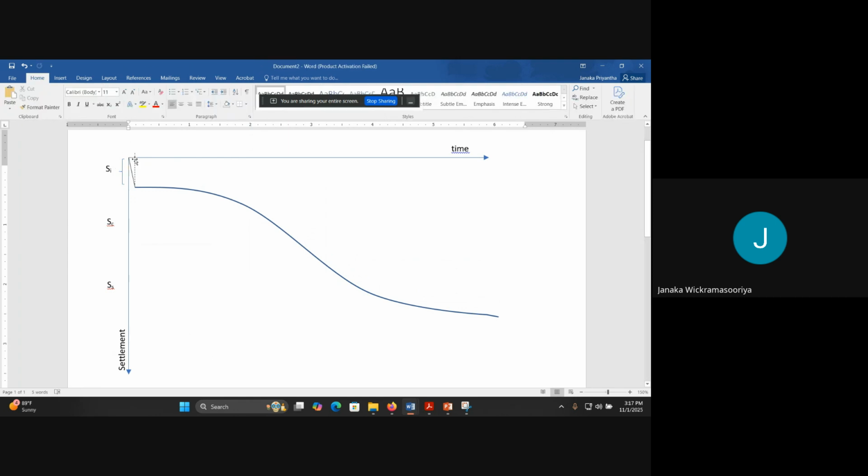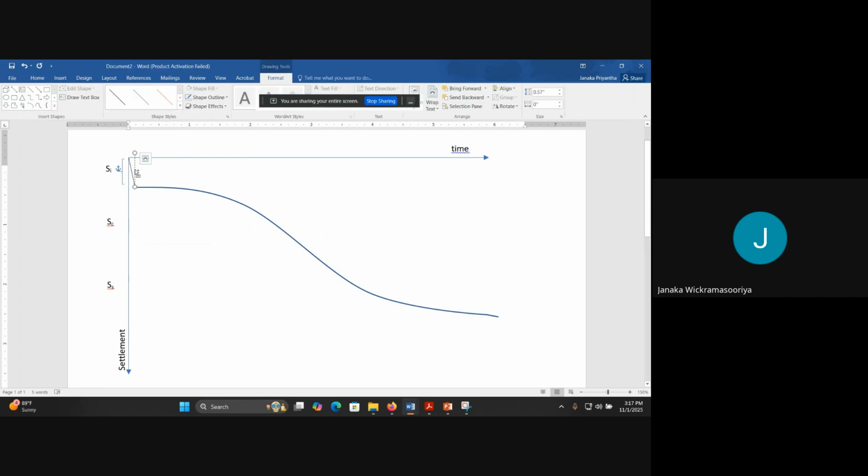So this particular time is very short, and this would be the consolidation, the time for the consolidation. This will be the consolidation period, right?